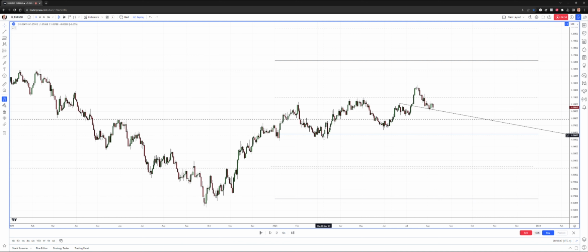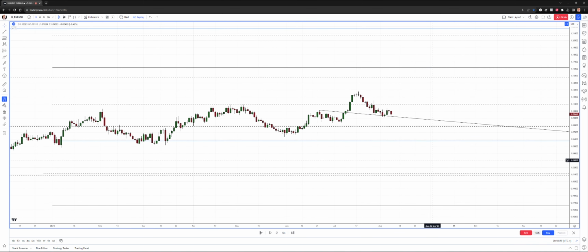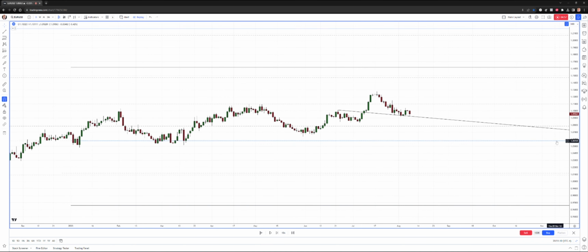Didn't want to go any further than that. I thought maybe we'd find some type of support here. Pushed up, found resistance here, or slightly above resistance, and now it's looking like it could potentially make another floor over here, or another support level, to continue and make another wave higher.